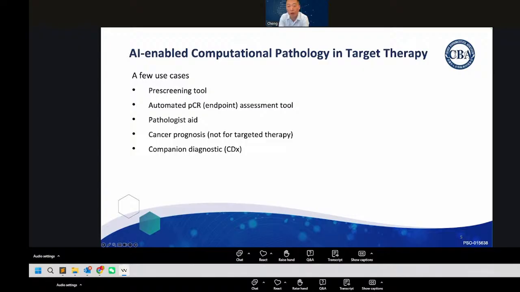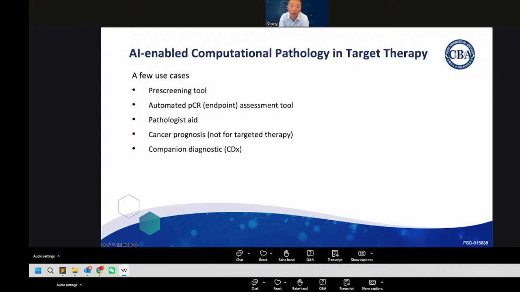So computational pathology can be used in many ways throughout the whole drug development pipeline and also in the commercialization. I will just name a few use cases, starting with the pre-screening tool that is used during patient enrollment to enrich for genomic biomarkers with low prevalence. After that, I will introduce the use of computational pathology in endpoint assessment or to aid the pathologist in making a diagnosis.